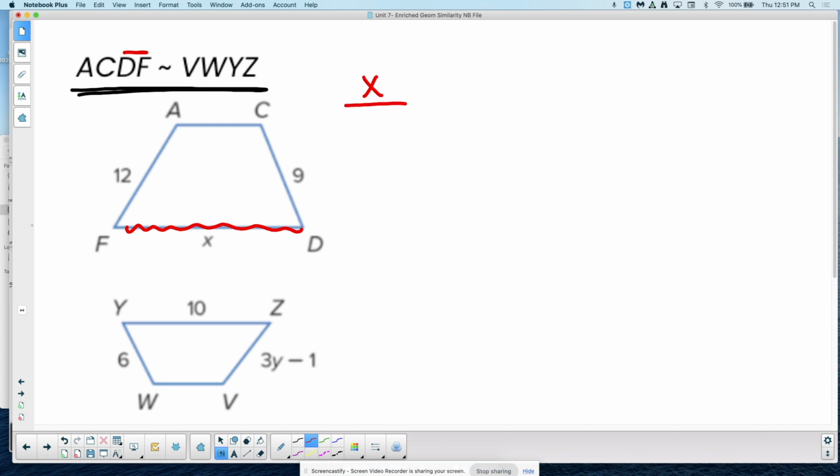FD matches YZ, 10. So that's my first ratio. Now I want to set that ratio equal to two sides that I know something about. So I have to avoid using this side here, because I can't have another variable in my equation, because that's not going to help me solve it.